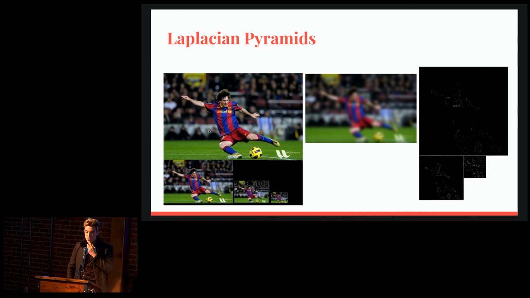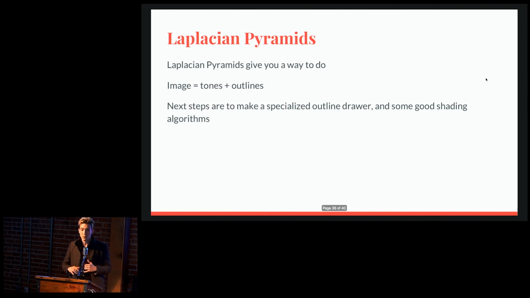The reason you want to do this is because you end up with two outputs. You end up with this picture in the middle, which is a blurry light-darkness map, and you end up with these differences on the right. What you've done is you've almost decoupled how you do the tones and how you do the outlines.